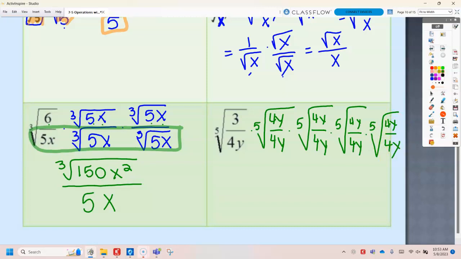The bottom will always become whatever's inside. So this is going to become 4y. 4 times 4 times 4 is 64.